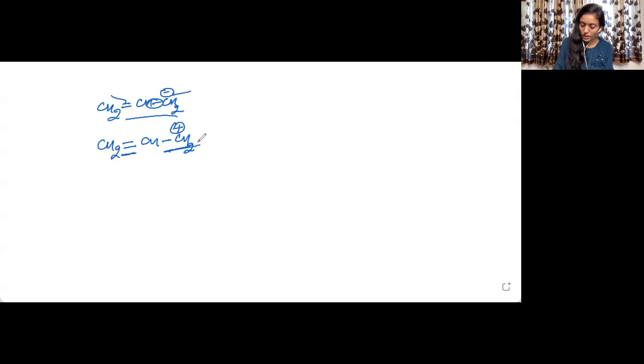Then suppose we have this free radical, okay? When the free radical is there at a distance of 1 single bond from the double bond, the system is conjugated. Clear?